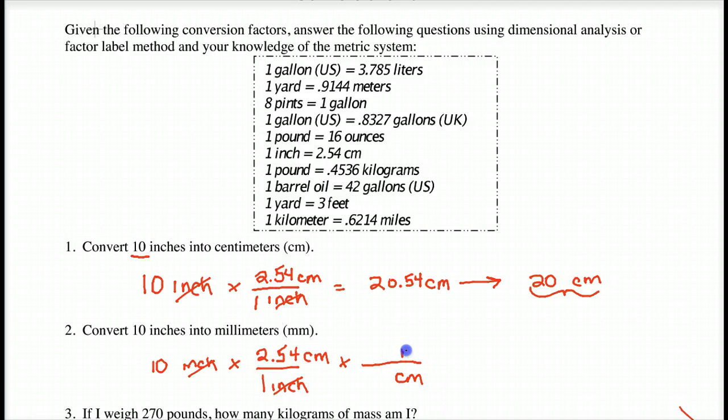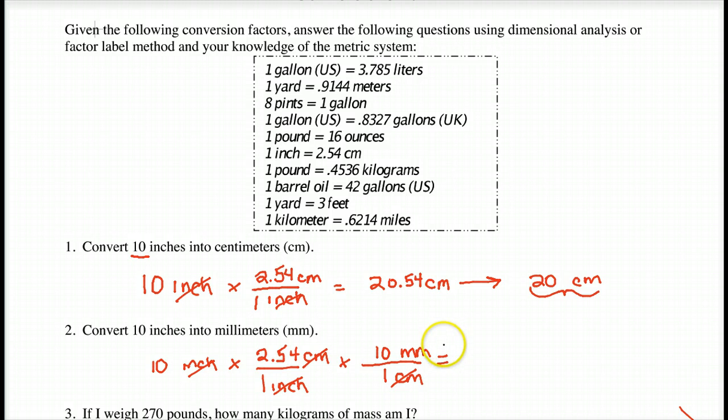Very easy stuff here. Who's the bigger unit? We're going into millimeters. Centimeter is a 100th, millimeter is a 1,000th, so centimeter is a bigger unit. So it gets a smaller number, and millimeter, of course, is a smaller unit. 10 millimeters into 1 centimeter. And as you can see, everything cancels.